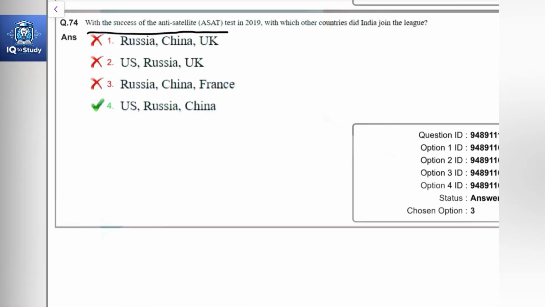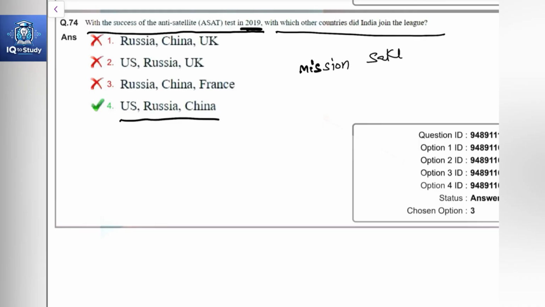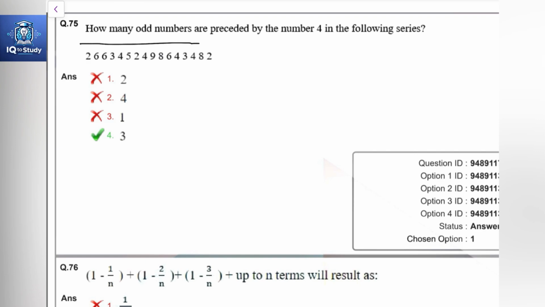With the success of anti-satellite test in 2019, with which other countries did India join the league? With US, Russia and China, India joined. Mission Shakti is first anti-satellite test. How many odd numbers are preceded by the number 4 in the following series?